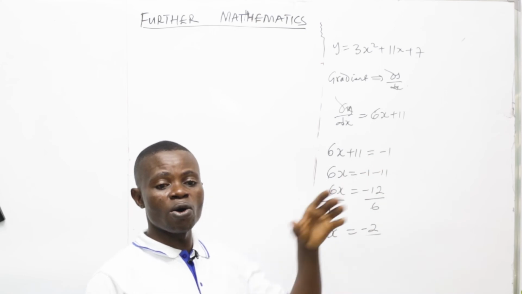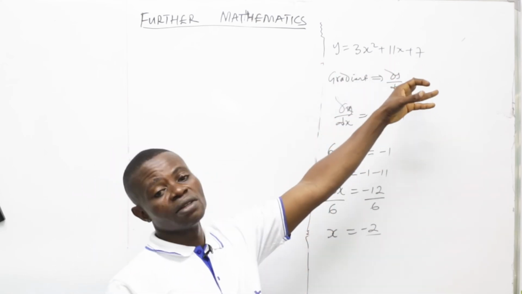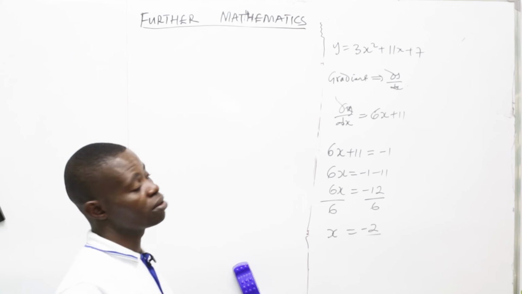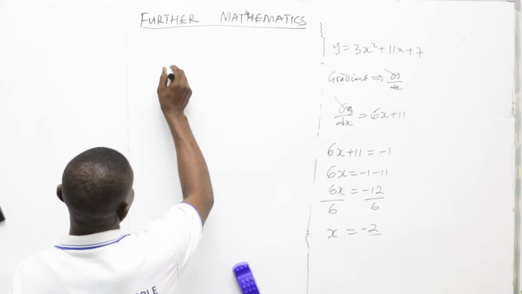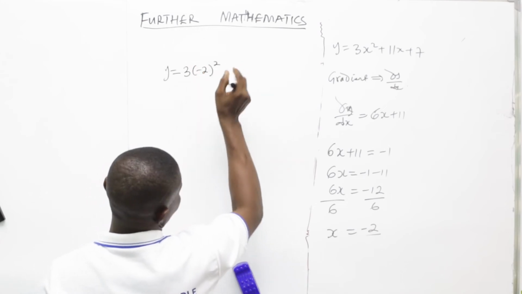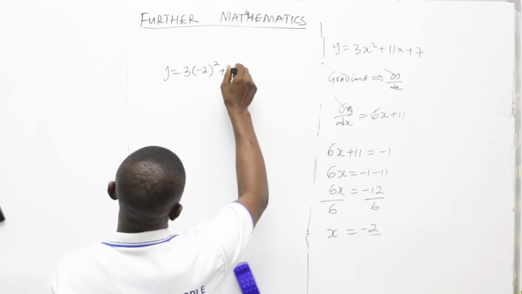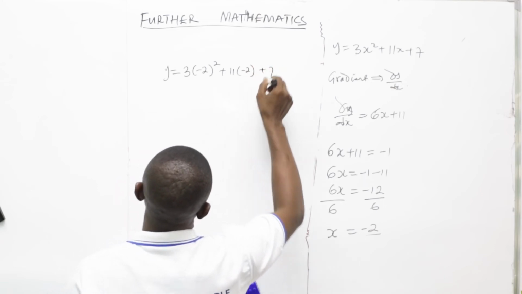Then you recall that y was given as 3s squared plus 11s plus 7. So when s is minus 2, y equals what? 3 into minus 2 all squared plus 11 into minus 2 plus 7.